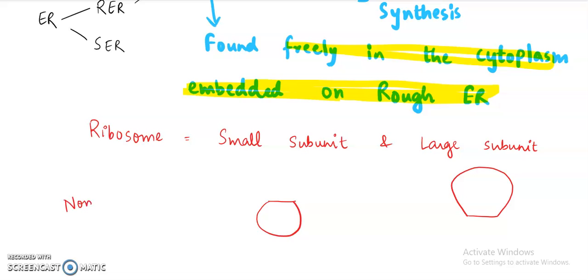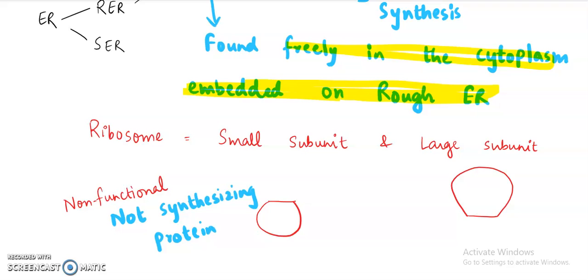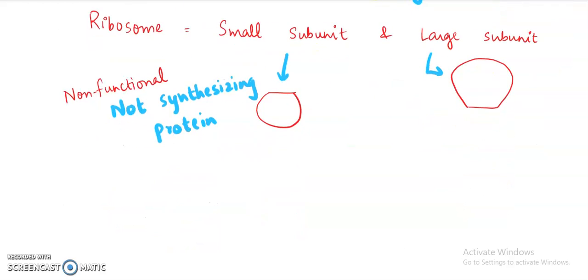Whenever the ribosome is not functional, meaning when it is not synthesizing or producing protein, the smaller subunit and the larger subunit are apart from each other, separated. But a functional ribosome is the one that has to form the protein, because that's its function.